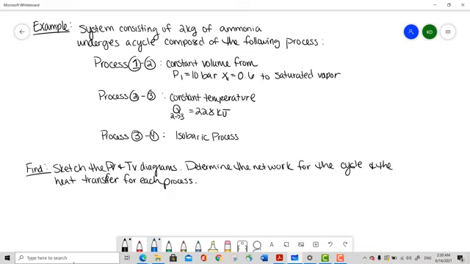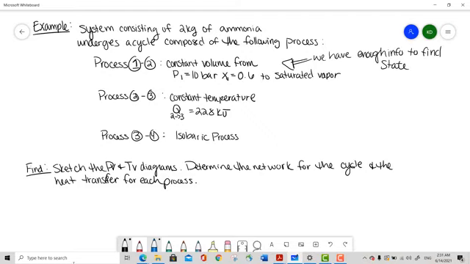Okay, and what else do we know? So we know that, first of all, we already have enough information to find the state here. So we know that we have enough information to find the state.